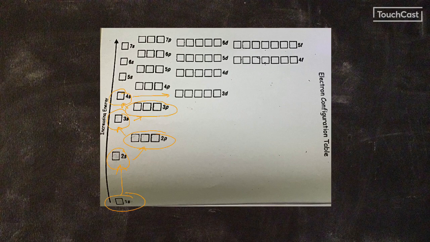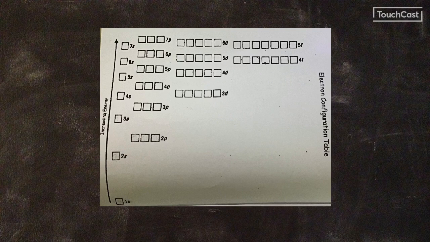Then I go from 4s to 3d. So I went from 4s to 3d, and my energy level in front dropped by 1. So let's see what that looks like when I do a problem.